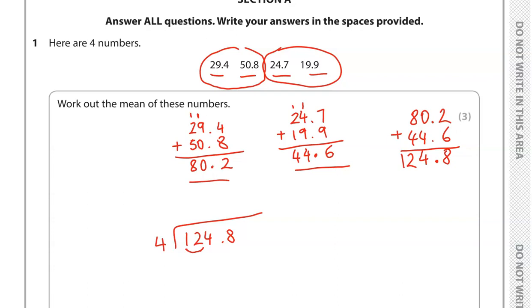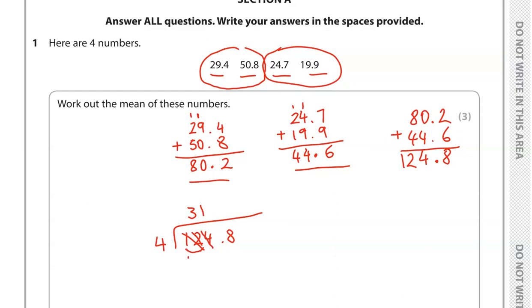How many 4s into 12? That is exactly 3, because 3 times 4 gives us 12. Now, how many 4s fit into 4? That is just 1, because it's one lot of 4 that fits into 4, and there is nothing remaining.